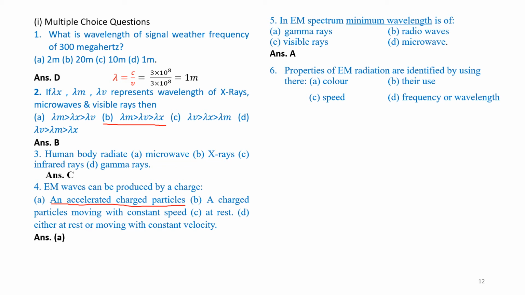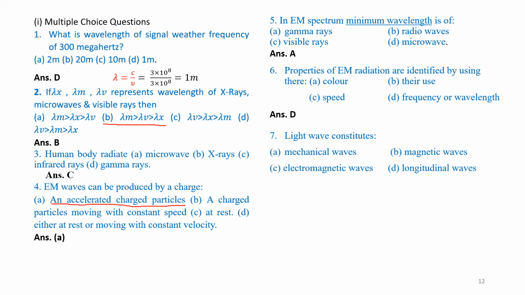How do we identify electromagnetic radiations? By their frequency or wavelength. Question number 7. A light wave constitutes a mechanical wave, magnetic wave, electromagnetic wave, or longitudinal wave. The correct answer is electromagnetic, because light waves are electromagnetic waves. Hence, C is correct.